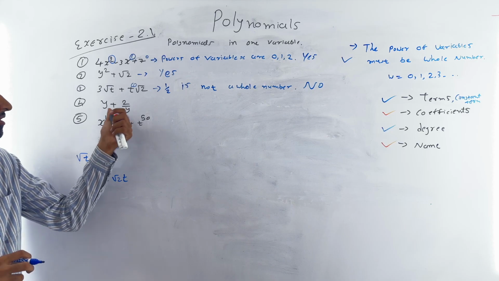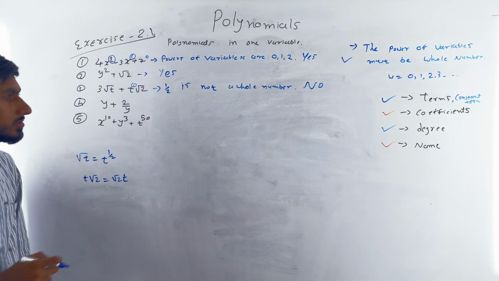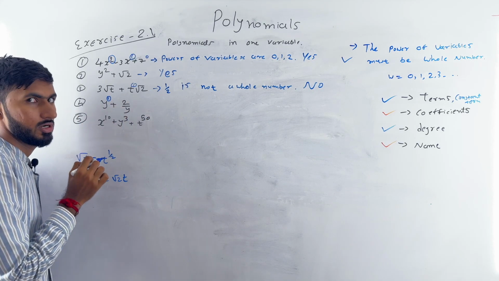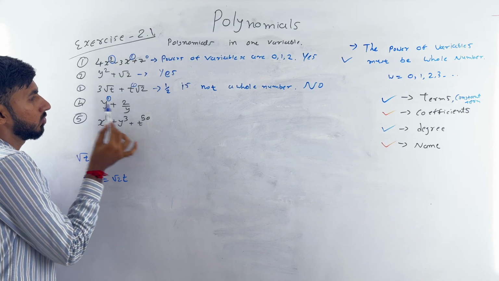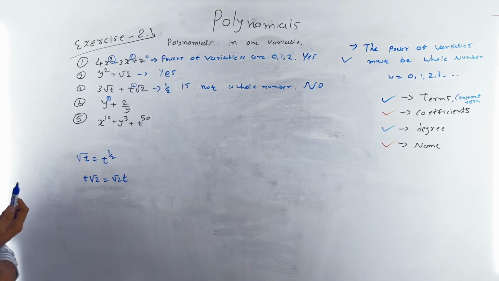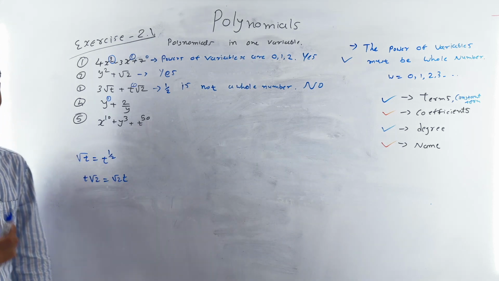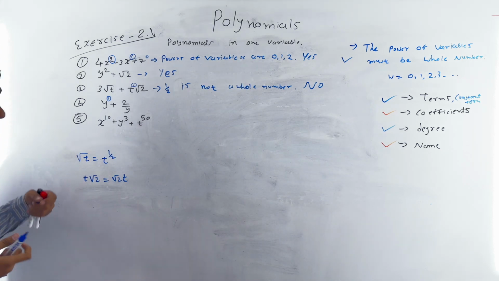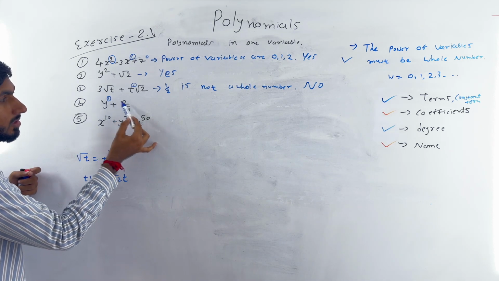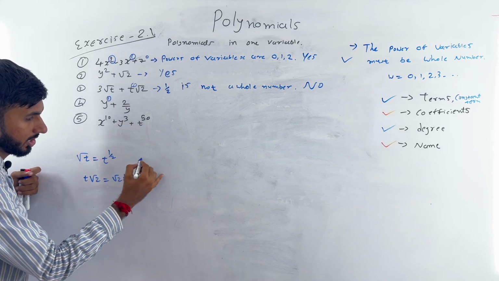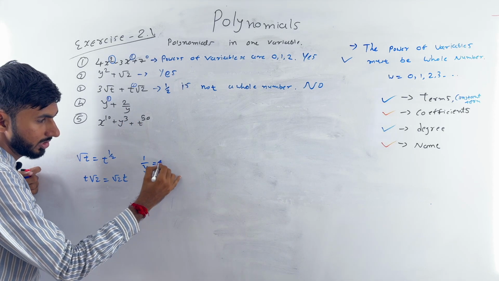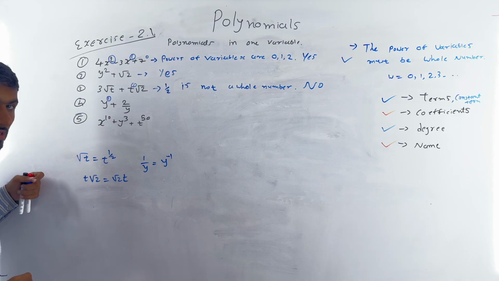Now for the fourth, y plus 2 by y. Here I have power of y as 1. You have to see whether both the variables are the same or not, because the question is polynomial in one variable, so there should be only one variable in the polynomial. So y power 1, now 2 by y. I know that 1 upon y can be written as y power minus 1.